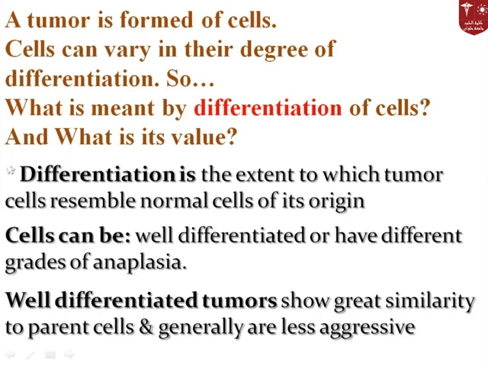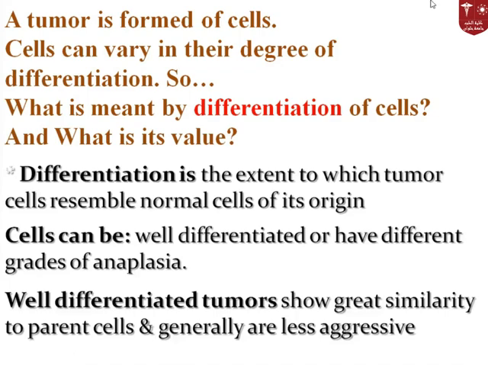And have bad prognosis. They are very rapidly proliferating compared to the well-differentiated ones. However, they respond better to treatment by chemotherapy and radiotherapy, because chemotherapy and radiotherapy affect the rapidly proliferating cells. So there is a good point in the bad situation of the less differentiation.